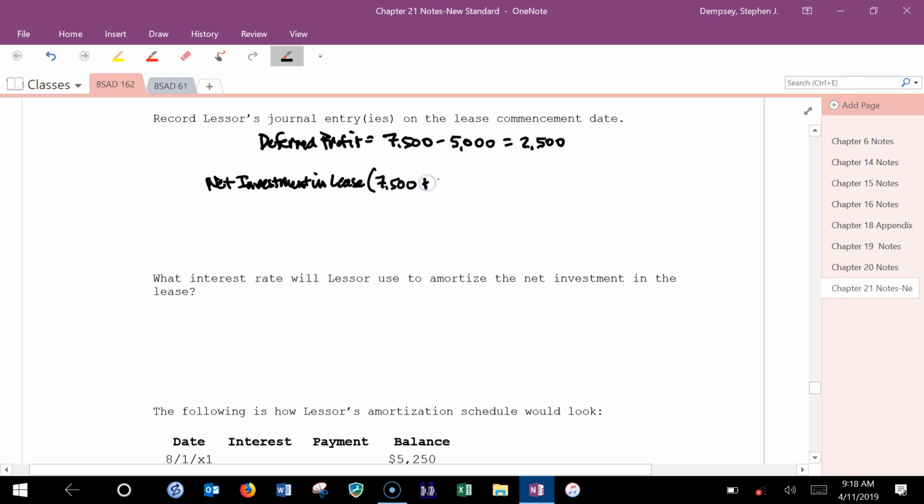There are initial direct costs that aren't going to be expensed, but capitalized into this net investment in the lease, minus that profit that is deferred. And so the net investment in the lease is $5,250.